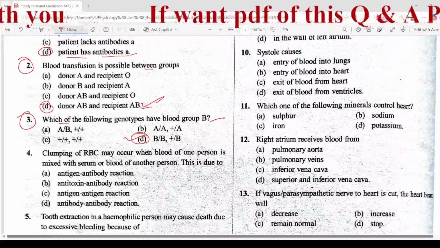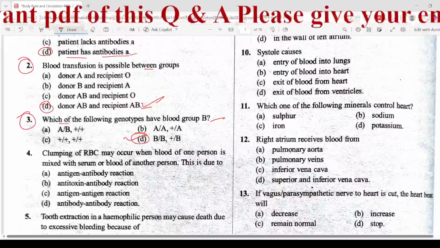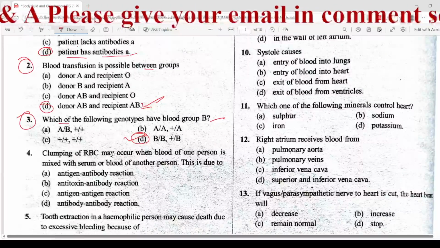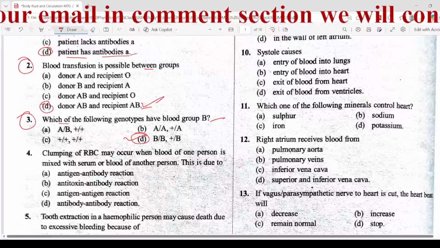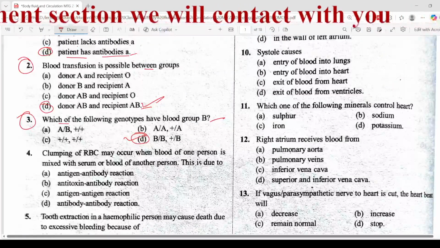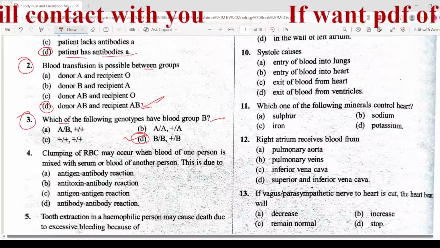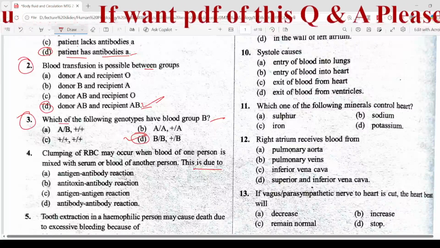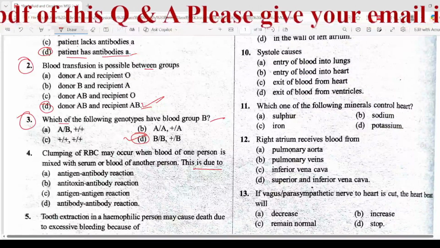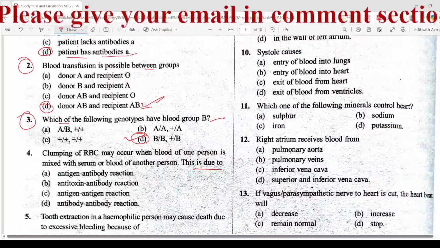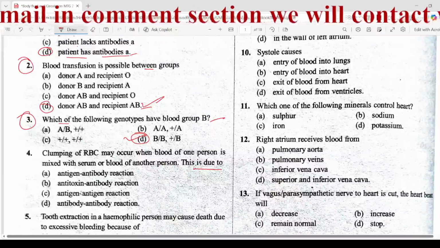Clumping of RBC may occur when blood of one person is mixed with serum of blood of another person. This is due to, four options are given. You can read the four options and choose the correct answer.